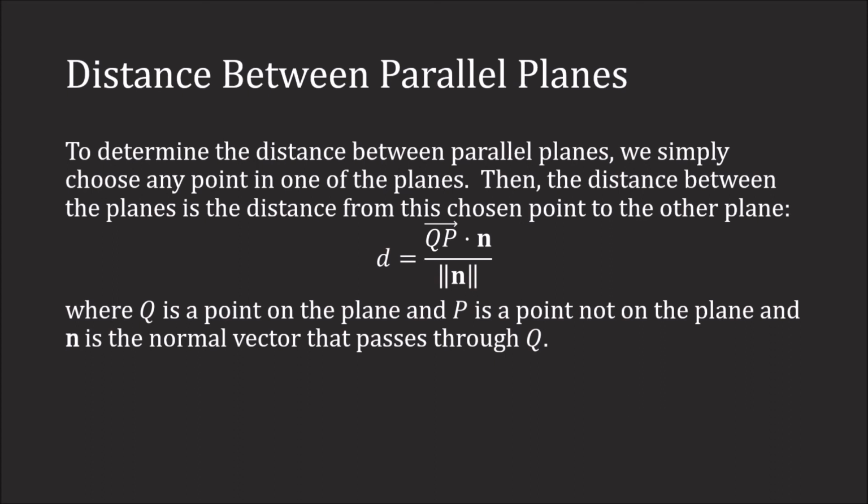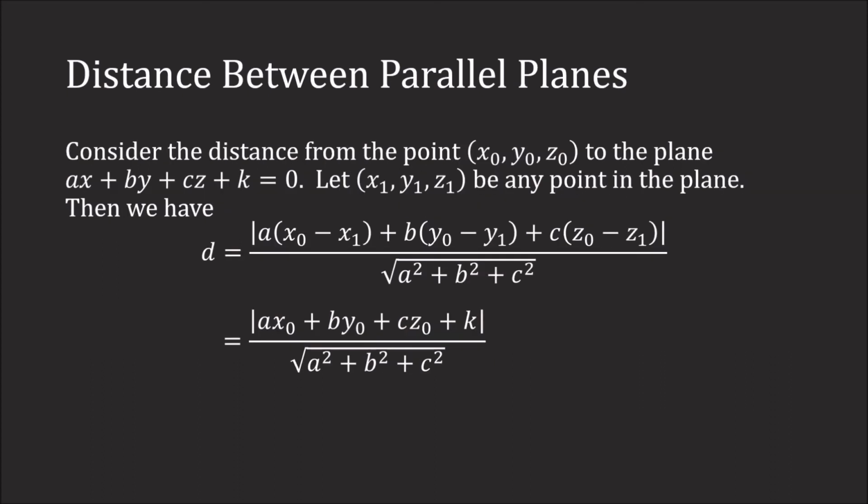Well, let's try and simplify this. Consider the distance from the point x naught, y naught, z naught to the plane ax plus by plus cz plus k is equal to 0. So we let x1, y1, z1 be any point in the plane.